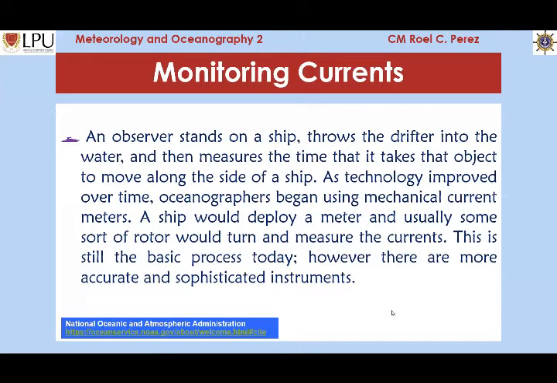That is how the speed of the current was measured before, no? During the early days. But today, it is already modern times, and we have more accurate and sophisticated instruments.